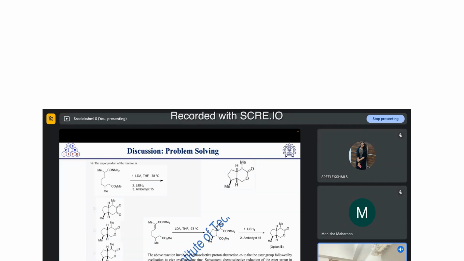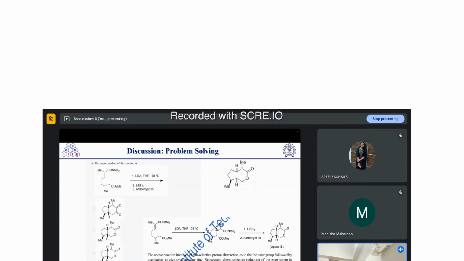That is the role of LDA. In the first step we will get that particular intermediate shown here. Then in the presence of LiBH4, that ester will be reduced to alcohol, that is, converted into CH2OH.